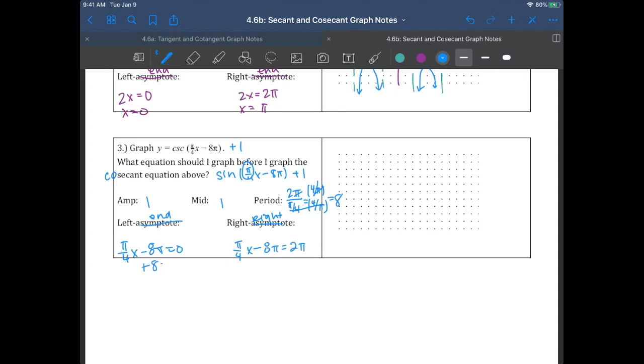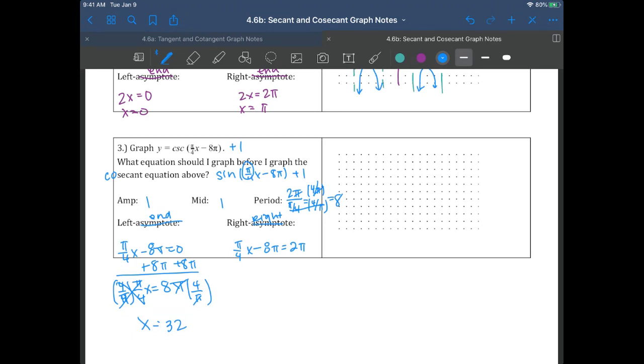So we're going to add 8 pi, giving us pi fourths x is equal to 8 pi, and then multiply by 4 over pi. Pi cancels, to give me 8 times 4 is 32. That was kind of evil.